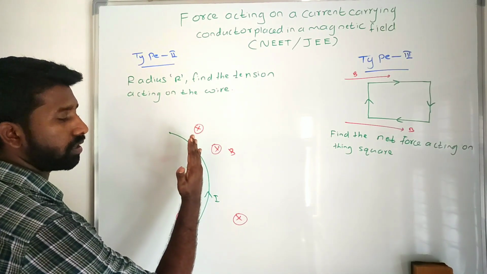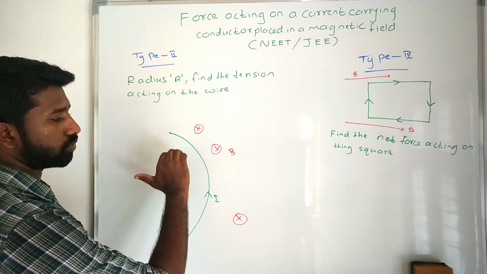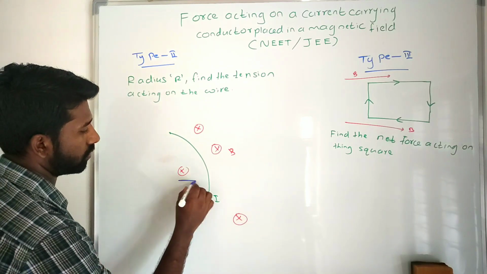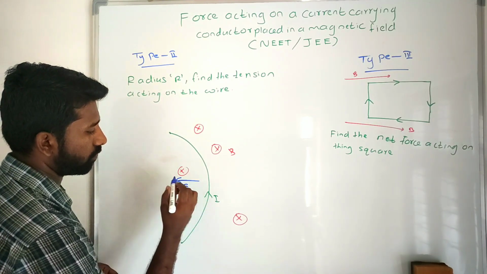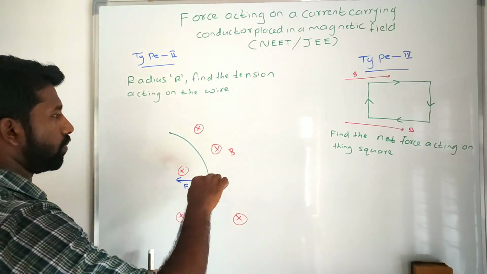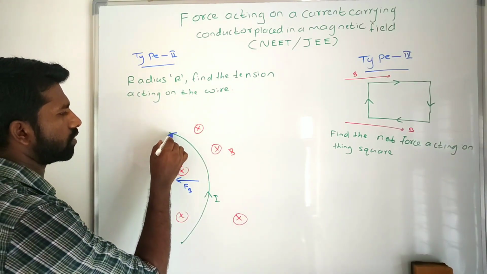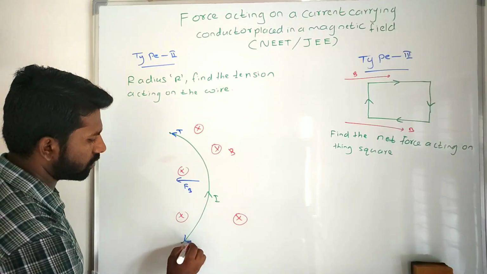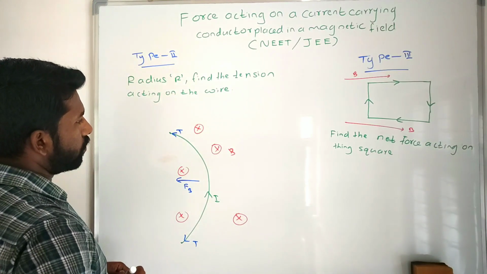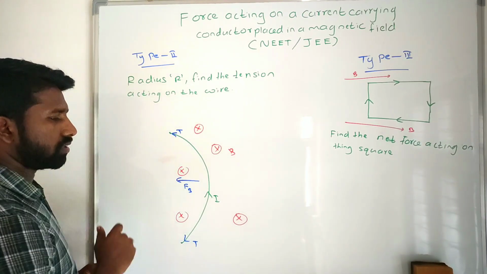I place my right hand in the direction of current, curl towards the direction of magnetic field, so I get the force direction in this direction. This is the magnetic force. Due to this magnetic force, what will happen? There is a tension acting on this wire in this direction. So I am going to find out what this tension is.